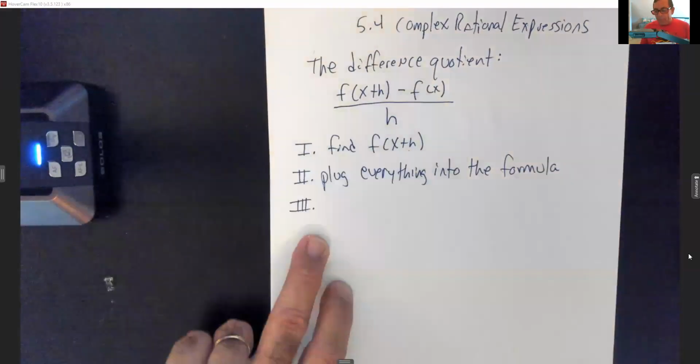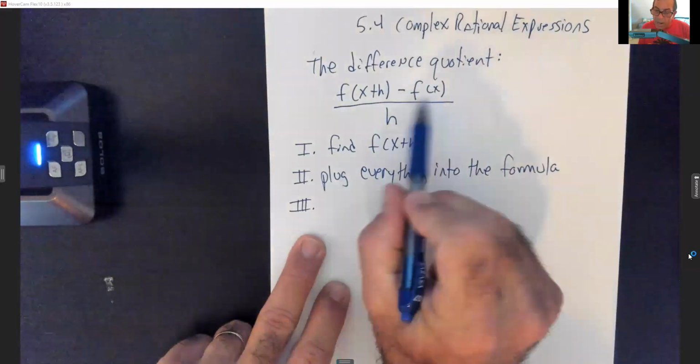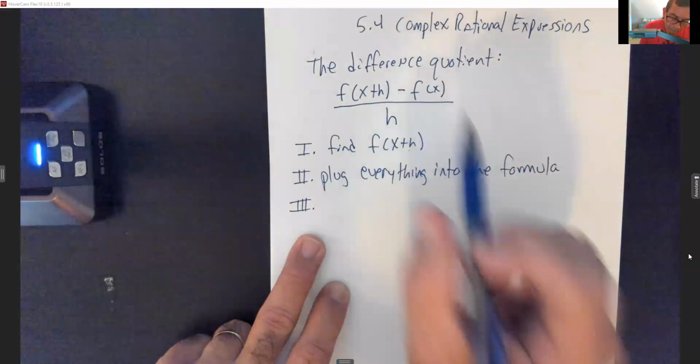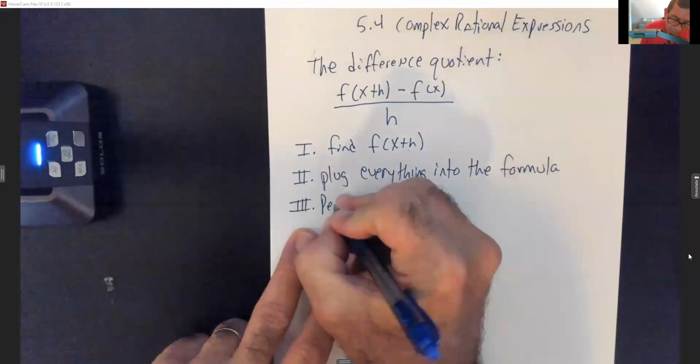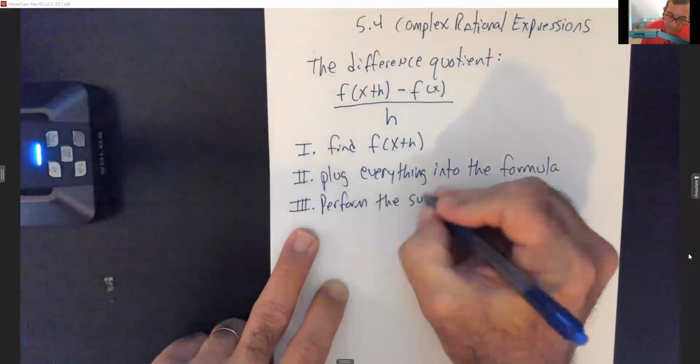All right, after I plug everything in the formula, I'm going to work the top where they're doing the subtraction. So I'm going to perform the subtraction on top.